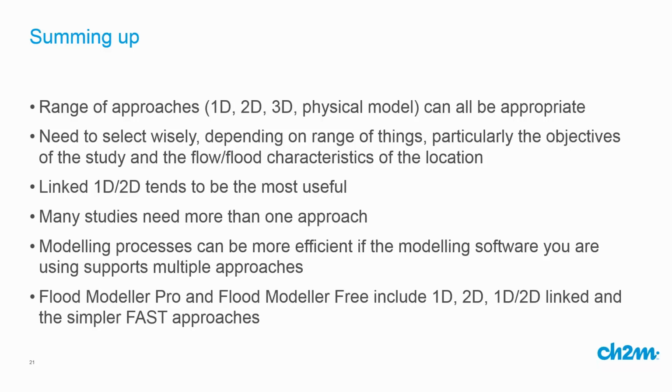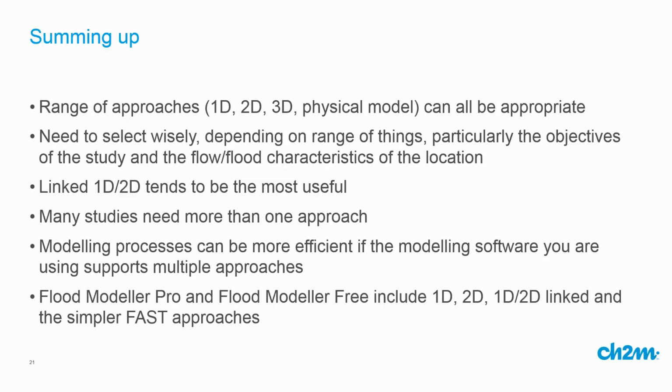Because of this need to use a range of approaches, if you want to be efficient in the modelling process, it's really good if you've got modelling software that allows you, within the same system, to use these different approaches and mix them together within the same study.